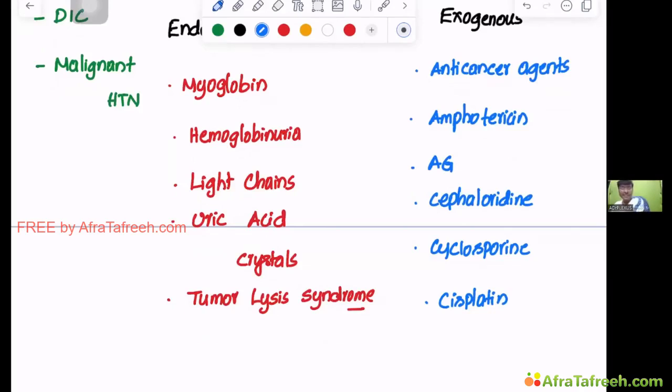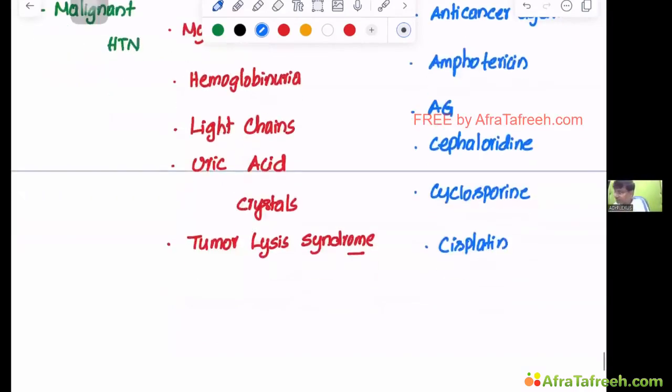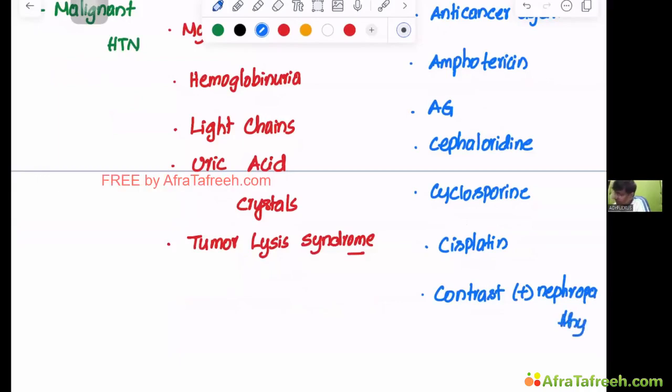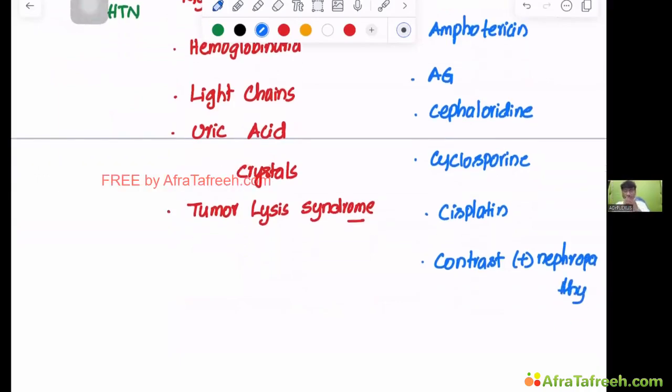And followed by that, the contrast material, that we call contrast induced nephropathy. So this contrast induced nephropathy, we come across these cases very commonly.